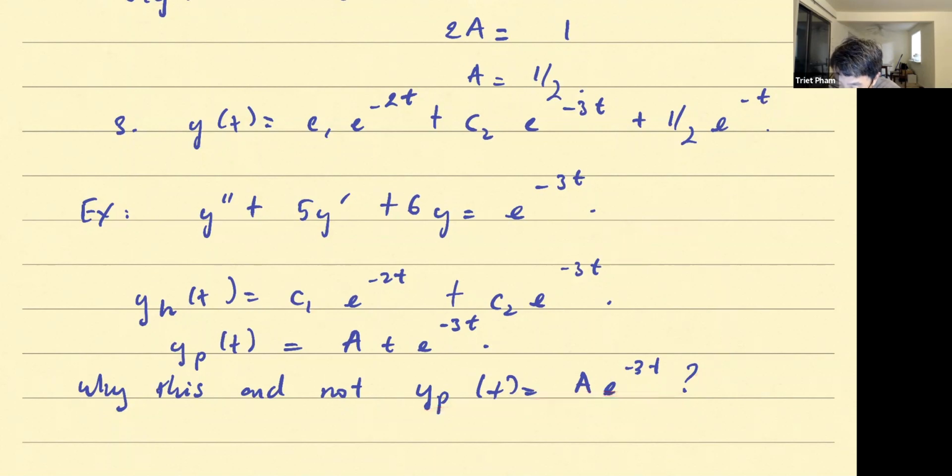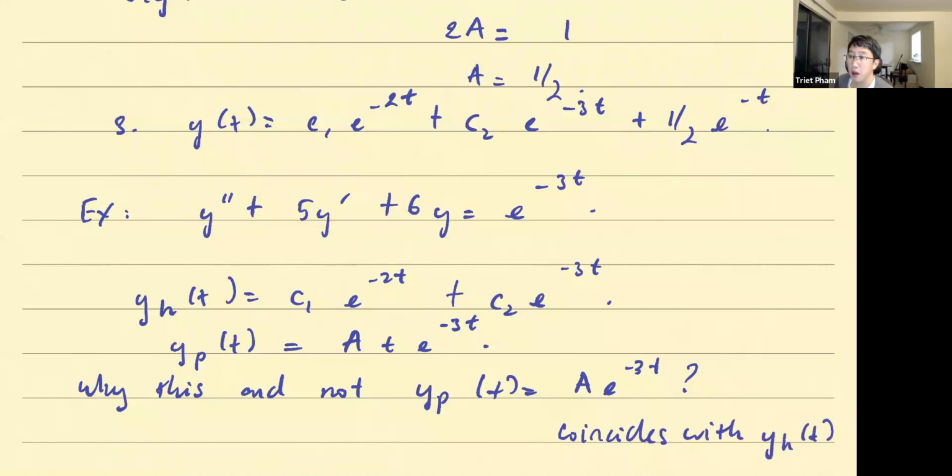So if you plug this into the equation, you will get 0. So there's no way you can match it with the right-hand side, because this one coincides with yh.